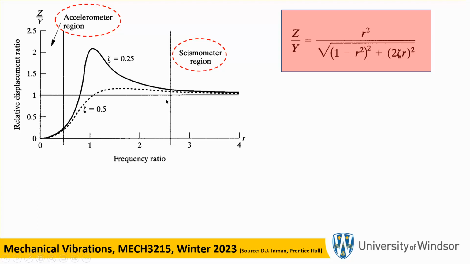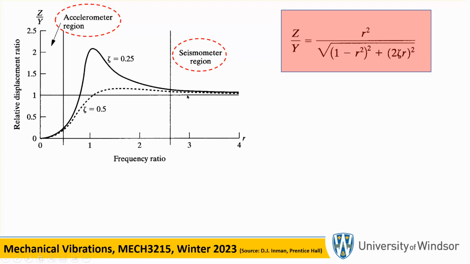Now notice that when you look at values of frequency ratio which are very large, in other words, R being very large, frequency ratio omega b over omega n very large, and another way to interpret that is saying that omega b is much, much larger than omega n, or omega n, the natural frequency of the device, is much, much smaller than omega b. So anyway, R is large, so it's here.